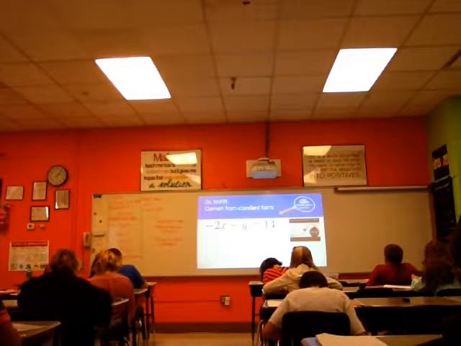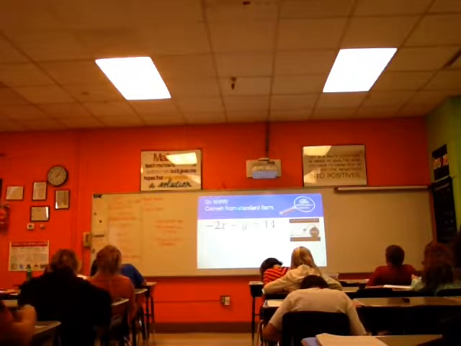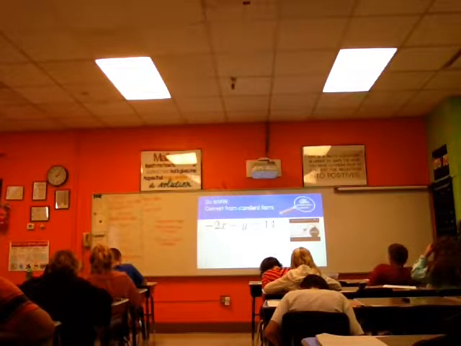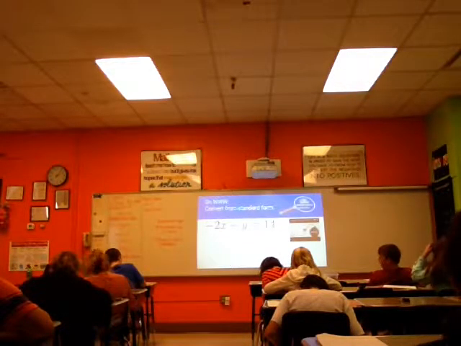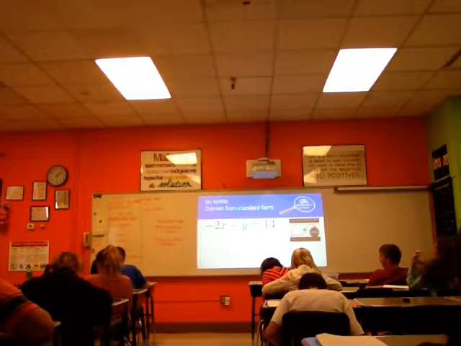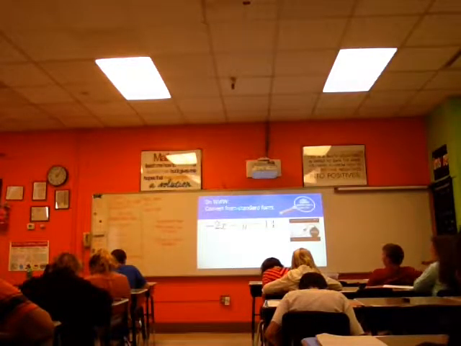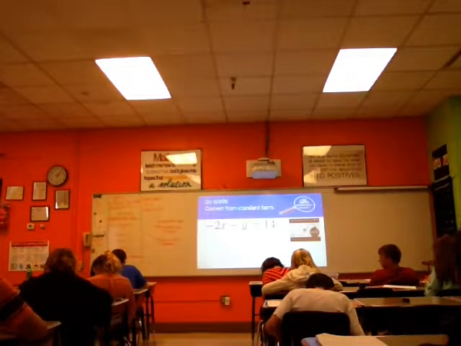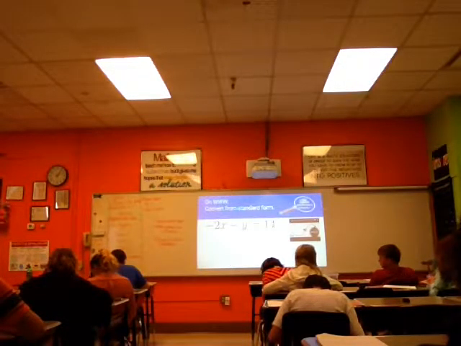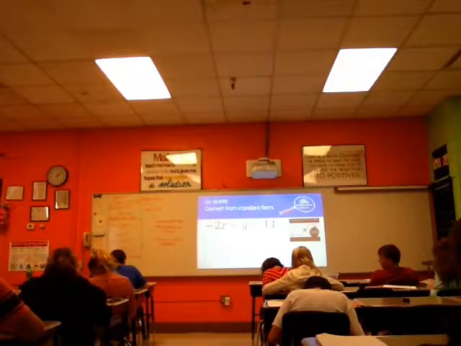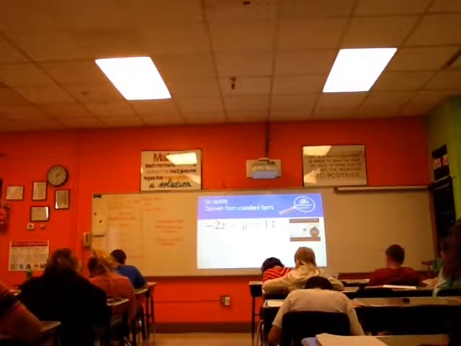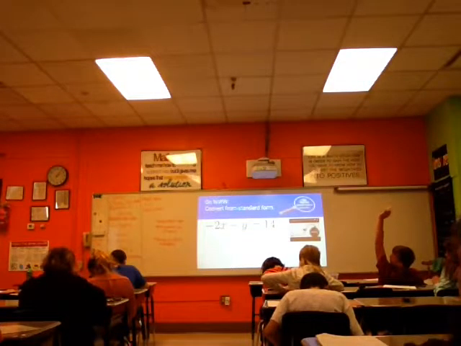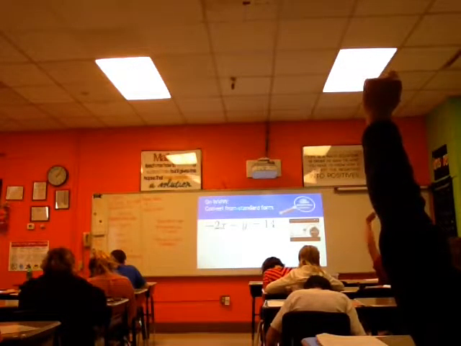I would divide by negative 1 to each term. Okay? That would just be positive y equals, what's 2 divided by negative 2? And then what's 14? There you go, you're done.